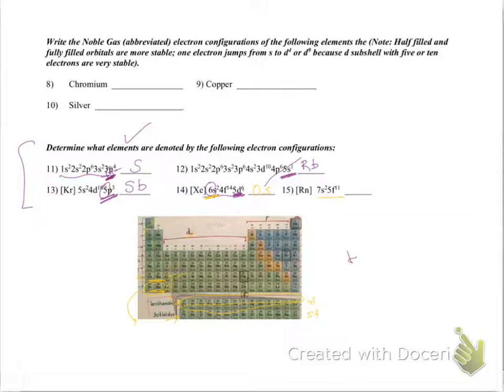5f11, 1 2 3 4 5 6 7 8 9 10 11. It should not be this, it should be Es. I think I need to use this to explain the F block elements class.